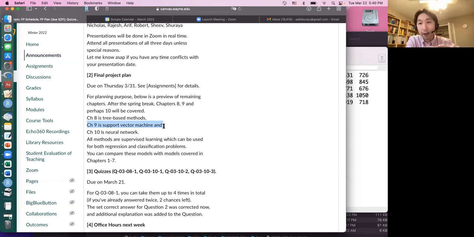Originally, we have x1 and x2 as predictors. So the simplest model is regress y on x1 and x2. But we learned that if we use x1 square or x1 x2 or x2 square, then we have more predictors, so possibly the performance is better. So support vector machine generalized that idea.